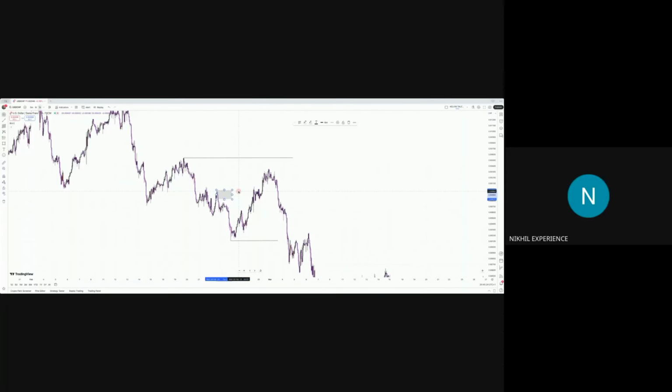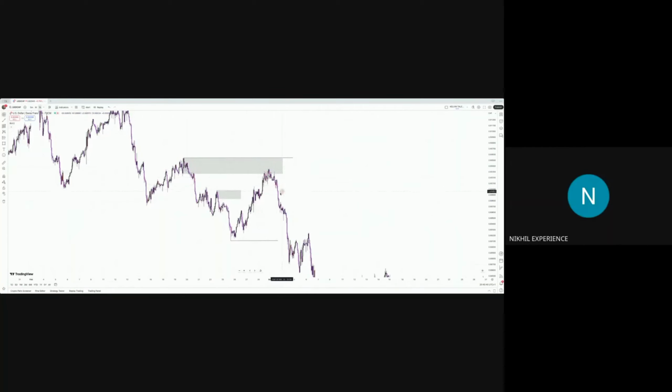So what did you see price do? Price went up and took out this internal range. Those that are trying to buy from here, where's their stop loss? Just above here. And what did price do? Price took them all out and respected this level, this base, rally base drop, right? So price respected this base here.